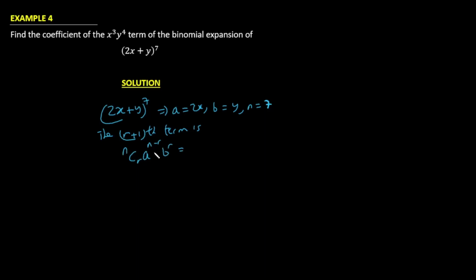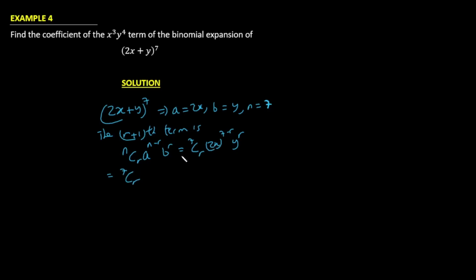Substitute the values. n is 7 combination r, r is unknown. a is 2x to the power of 7 minus r. Our b is y to the power of r.